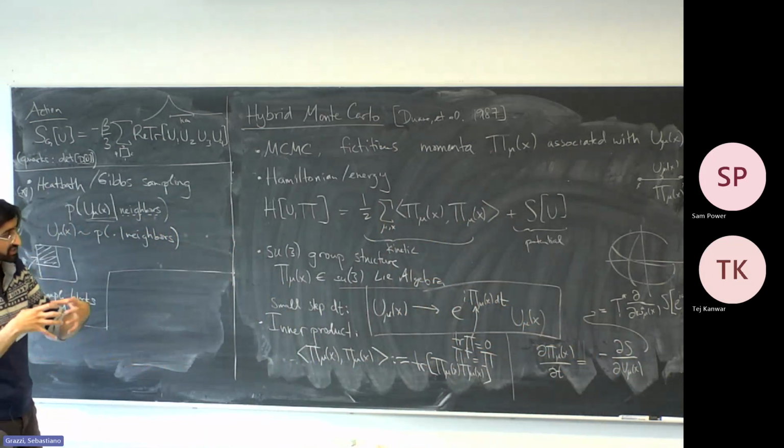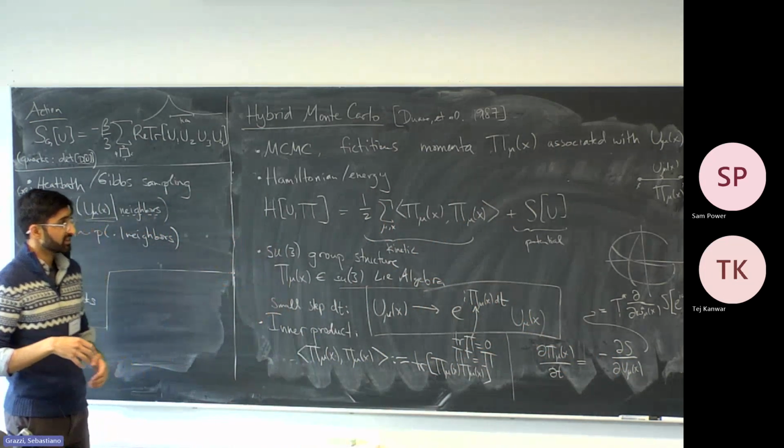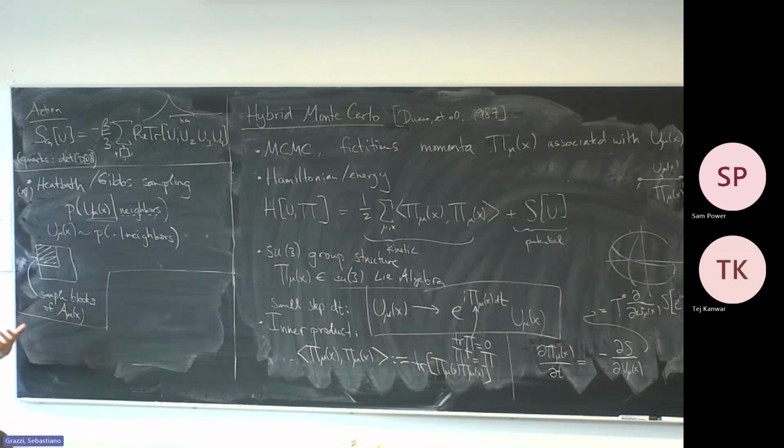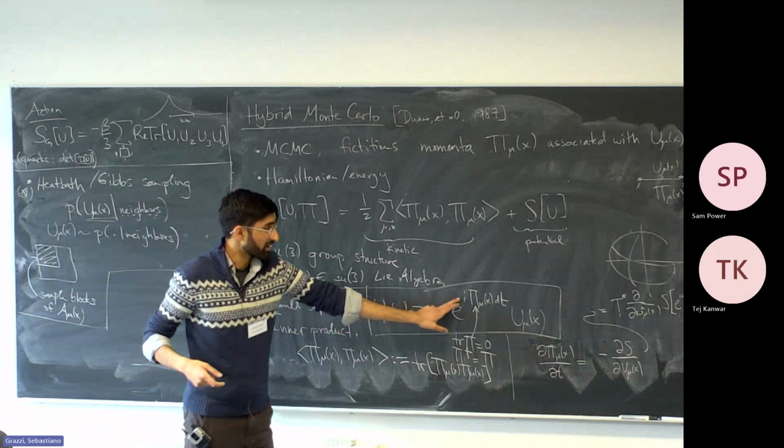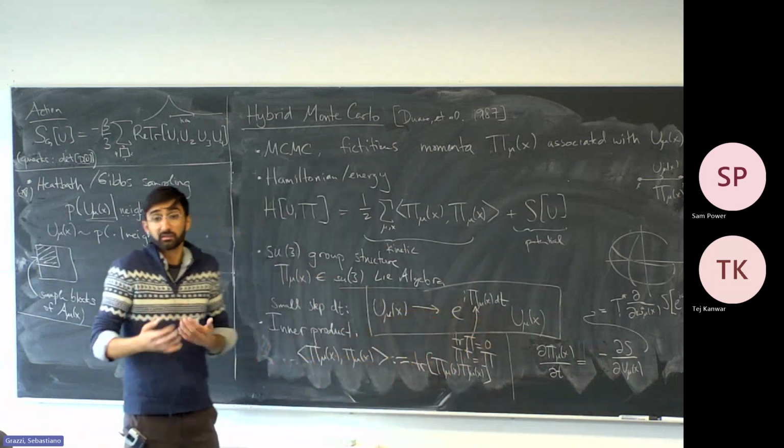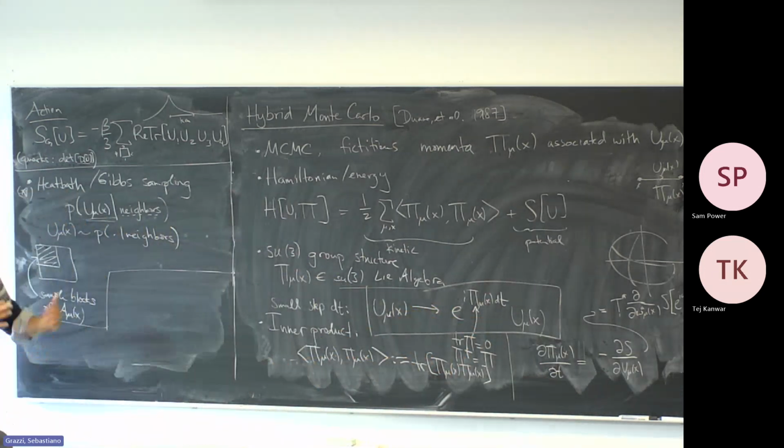So you get this localization of the force, and really a fairly similar kind of idea, just now done across the entire set of degrees of freedom at once, where we update the momenta, and then we update the links according to the exponential of the momentum, very similar to how we did single link updates, but just now in principle across all the lattice at once. So taking small time steps now in the momentum and in the link space.